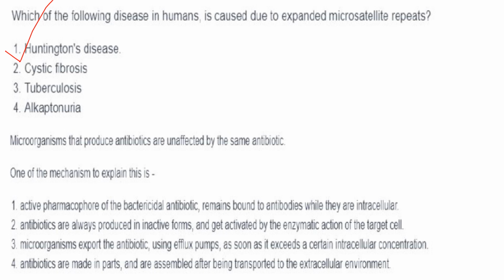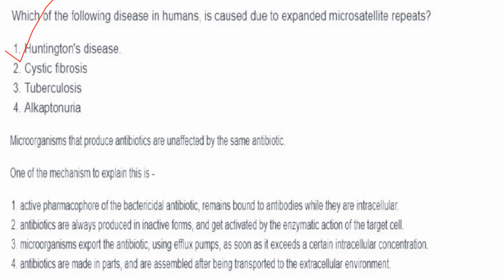Then tuberculosis, you know. Then alkaptonuria, it is caused by a mutation in the HGD gene. This gene is involved in the production of the enzyme homogentisate oxidase, and this enzyme is involved in the breakdown of the amino acids tyrosine and phenylalanine.